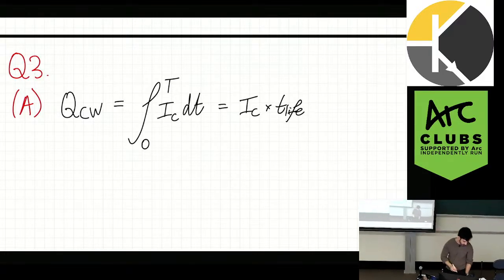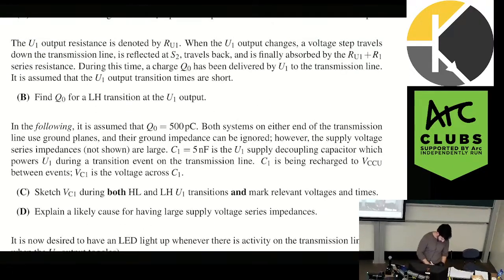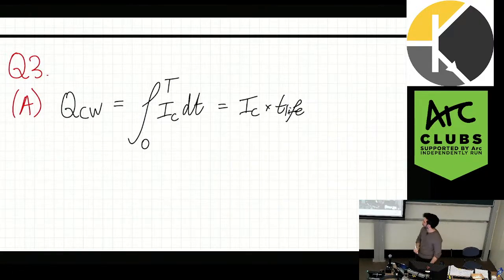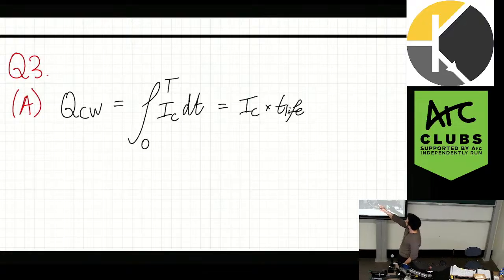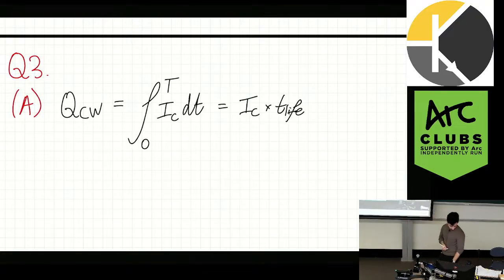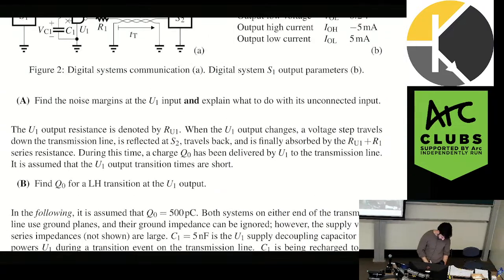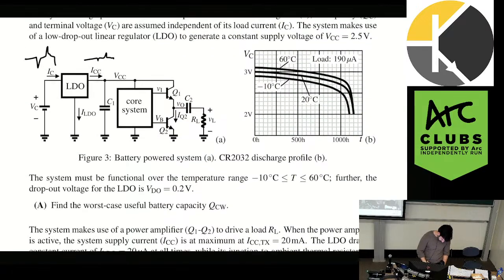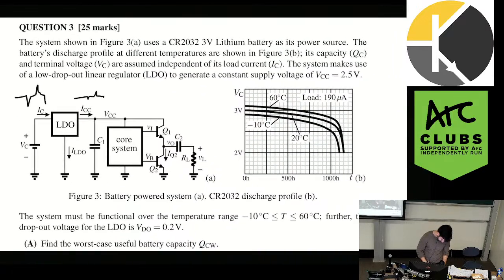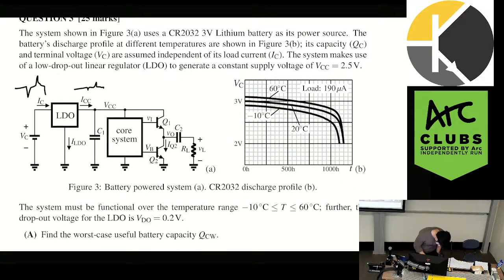Okay. Now I can clearly see what I need. I need the current and I need the lifetime of this battery. The current is actually given. Is it given? Should be given.